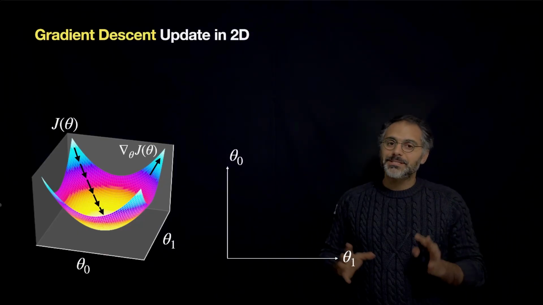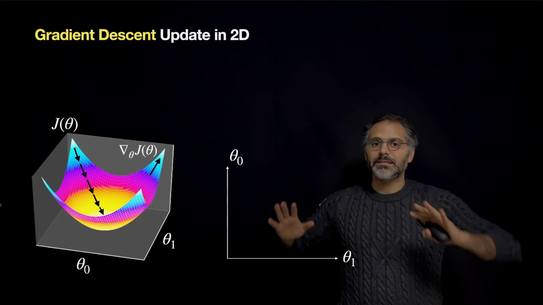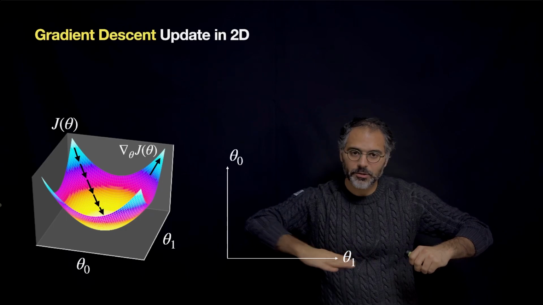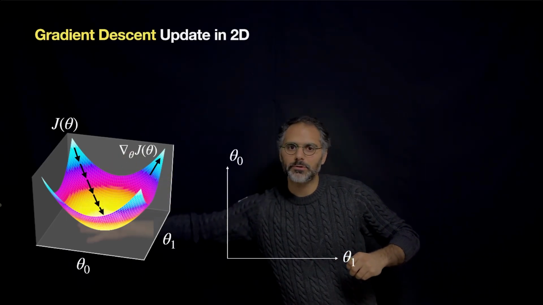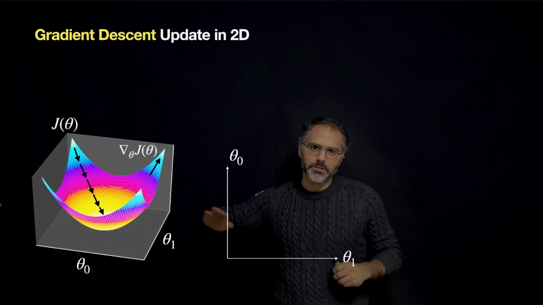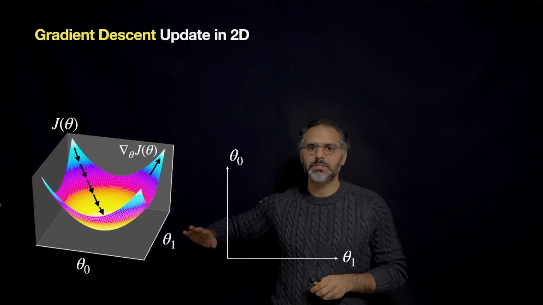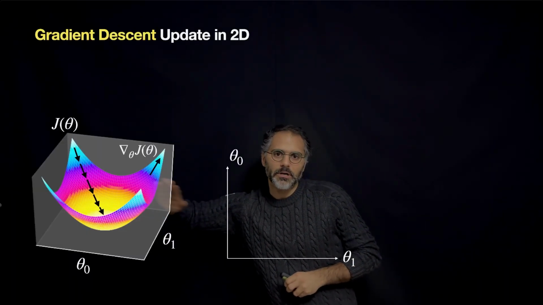One way to understand and visualize this is to look at the paraboloid from above and to look at the contour plots. So I'm going to take this paraboloid and make sections for different values of J. So first, let's say for J equals 0.5, I'll take a section of this paraboloid.